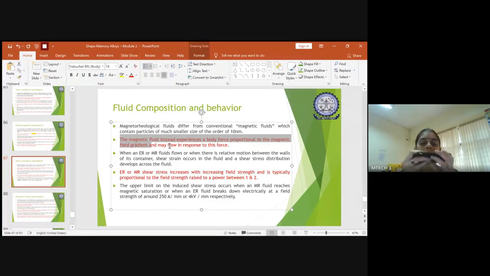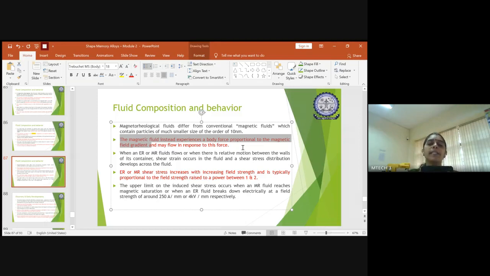You'll have a top plate and a bottom plate, and a liquid medium in which you have the particles in nanometer size. Due to this, the magnetic fluid will experience a body force, directly proportional to the magnetic field you apply, because the nanometer size particles are very much dominant compared to the micro level particles in magnetorheological fluid.